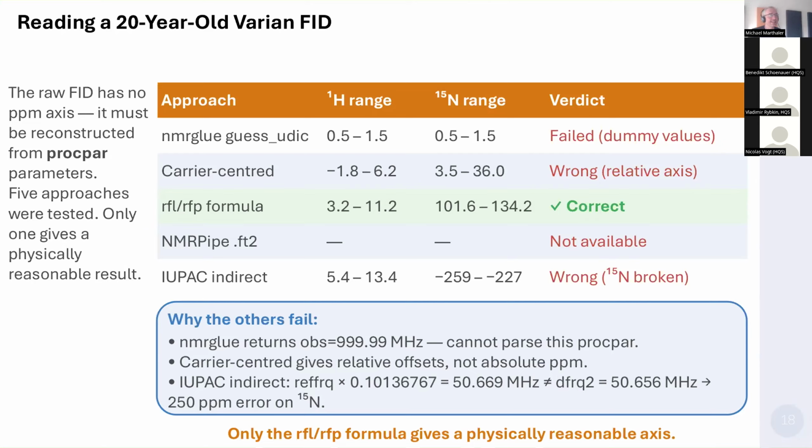Fortunately, in the Varian data, you find the so-called procpar file. There you can look up the parameters, which we do in an automated fashion. After going through several steps of what's possible and what should be done, you find the RFL and RFP, which is the beginning and the end. Through this, you can correct it and bring it back in shape.